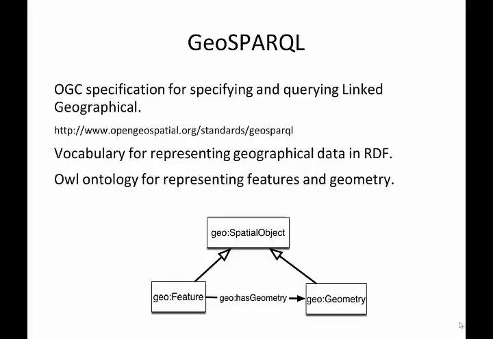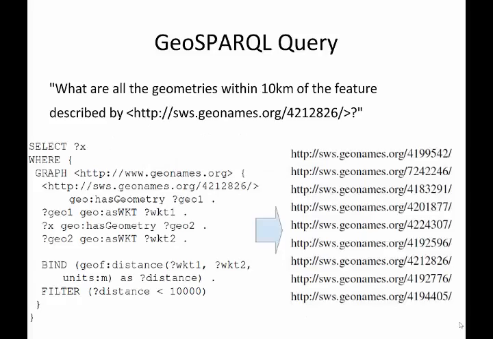There is an OGC specification, basic specification for GeoSPARQL, which is the geographical equivalent of SPARQL, but for geodata, so a geographically enabled SPARQL query language. I really need to know some more about that.